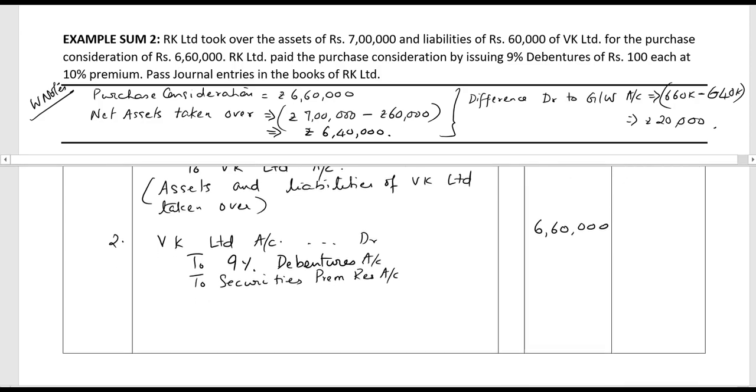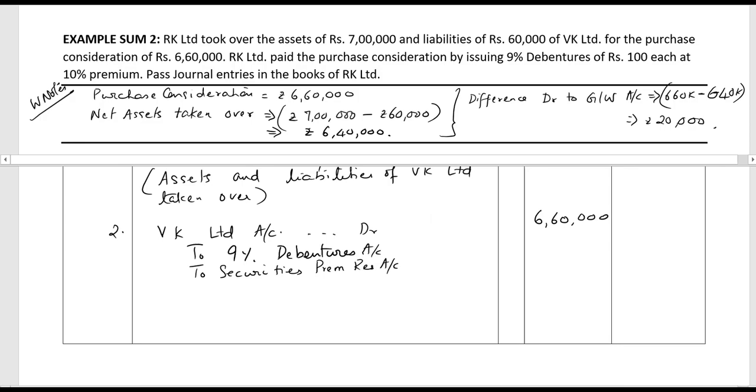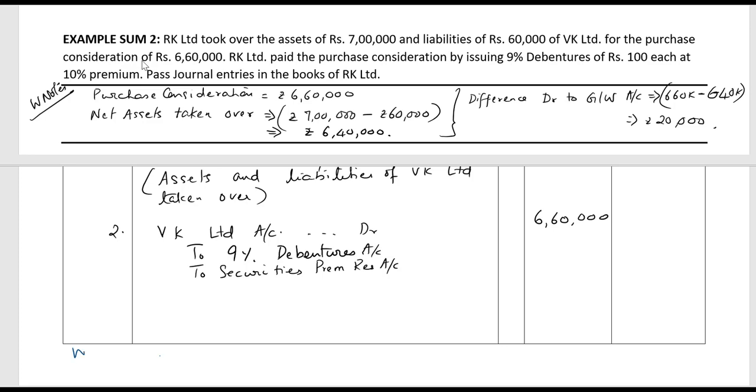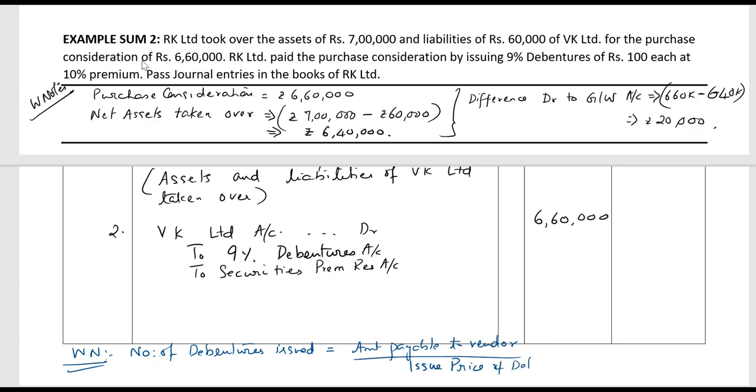Let's do the calculation for the number of debentures issued. Working note: to calculate the number of debentures issued is equal to the amount payable to vendor divided by the issue price of the debenture.